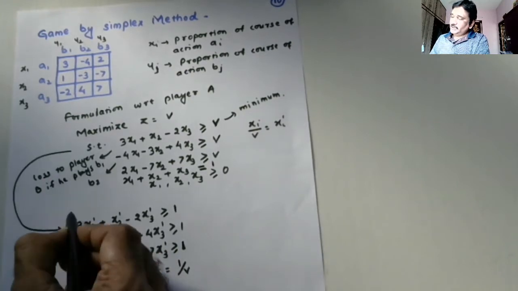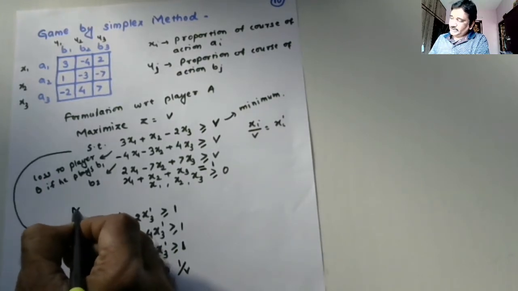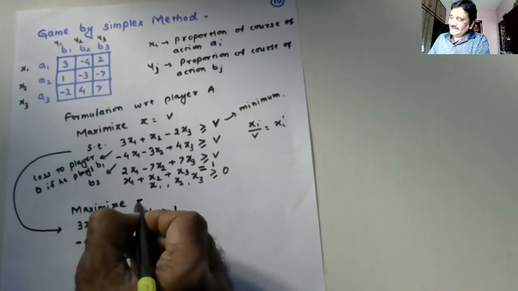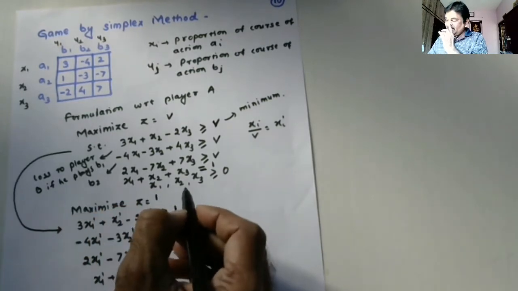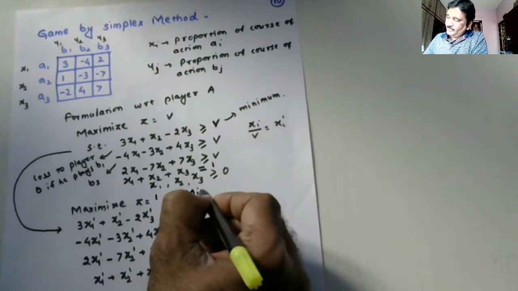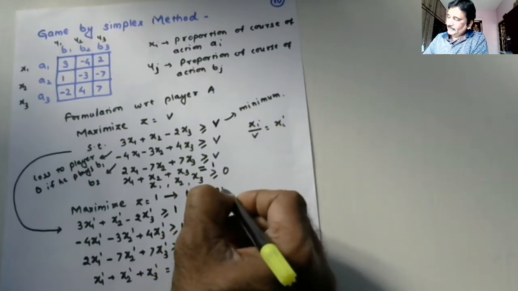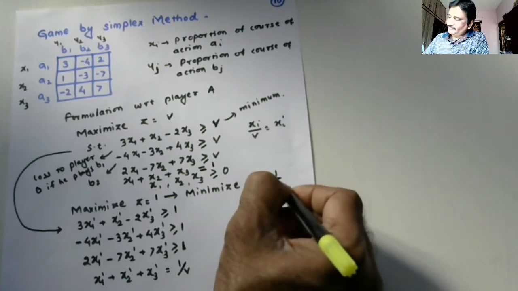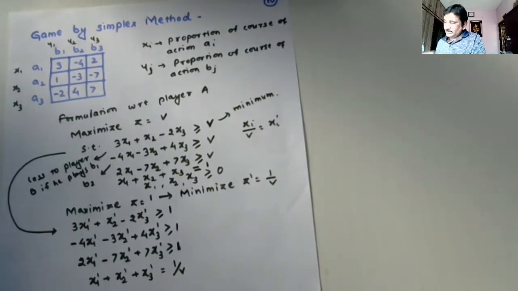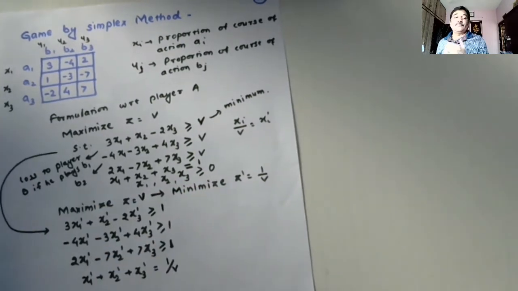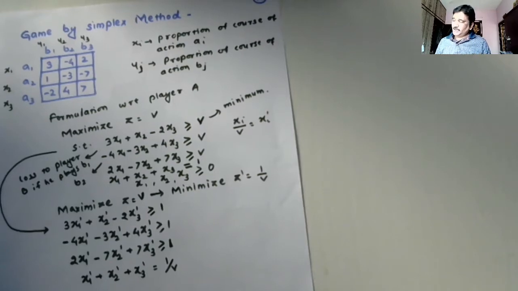And lastly I write my objective function, maximize z equal to v, which I can write as minimize z dash equal to 1 by v. Maximizing v is minimizing 1 by v. Now I have two unusual problems in this formulation.